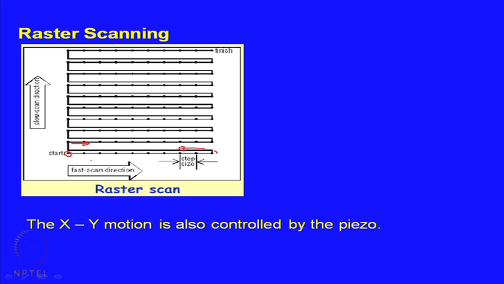So, it is more like performing a nested do loop. So, do i equal to, and then again within that.